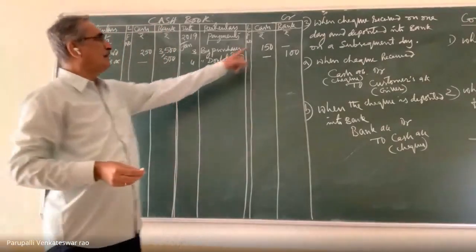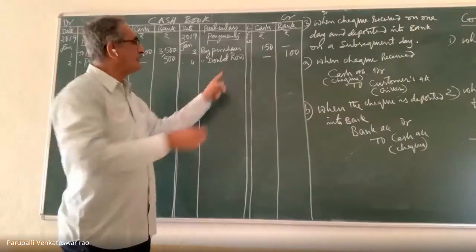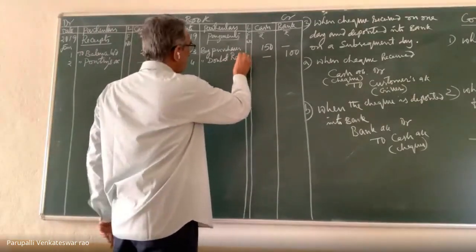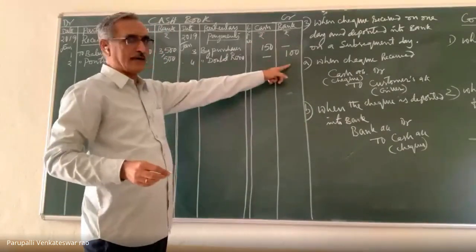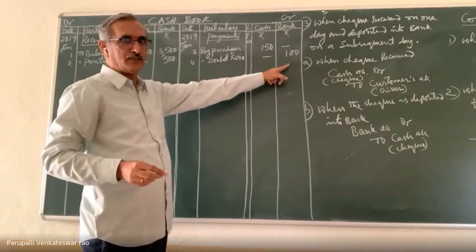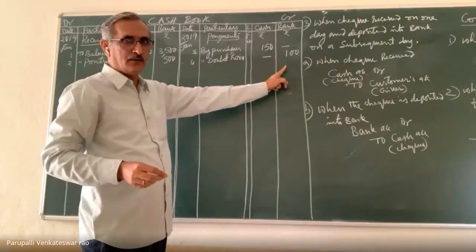On 4th, paid to Daulat Ram, rupees 100 from bank. Paid 100 rupees to Daulat Ram from bank, not cash paid. It is paid through check.